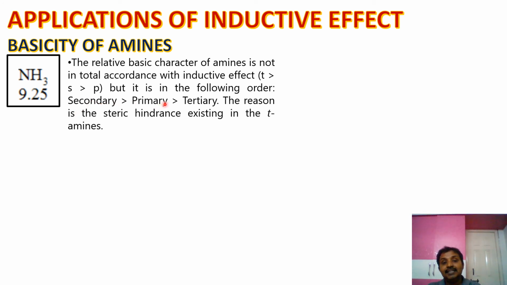But it is in the following order: secondary, primary, and tertiary amine. That is due to the steric hindrance. Because of the steric hindrance, the inductive effect is getting disturbed.